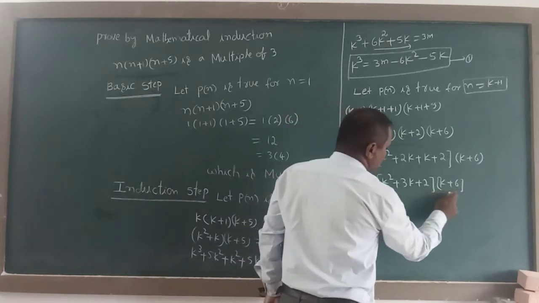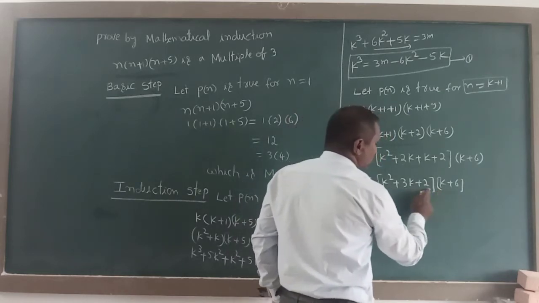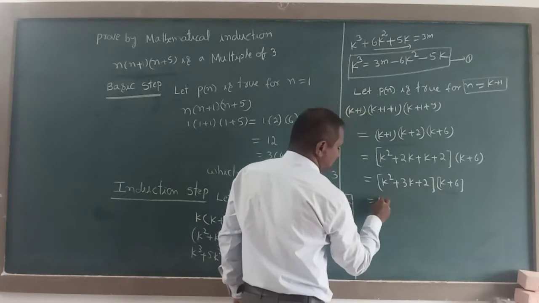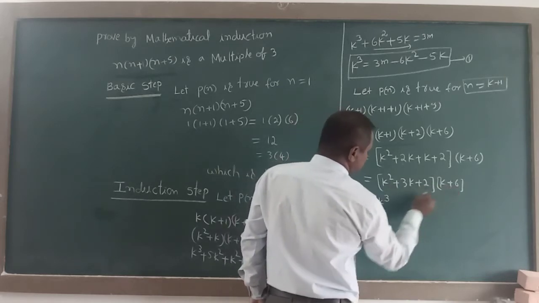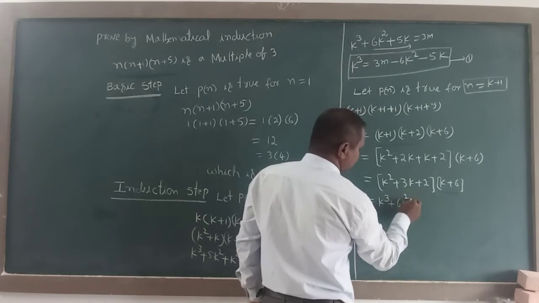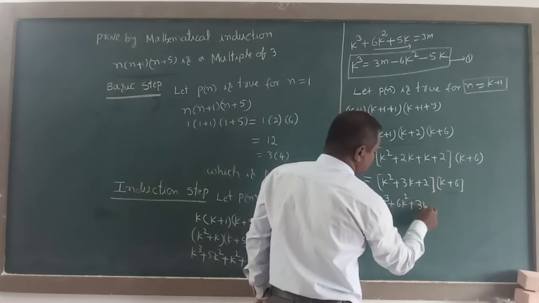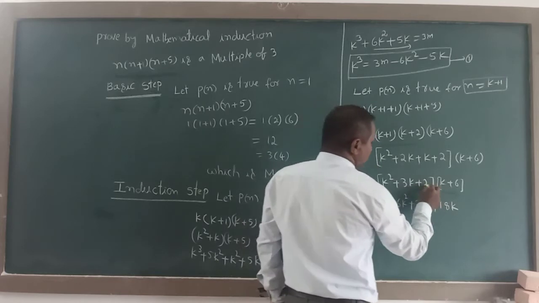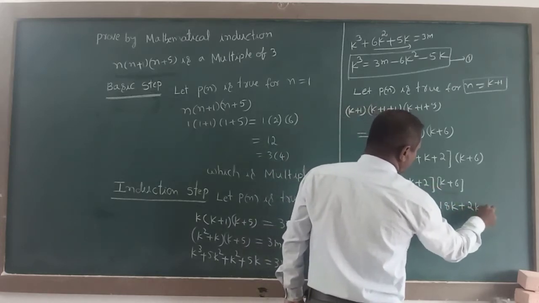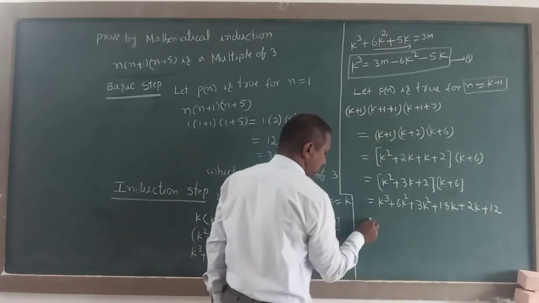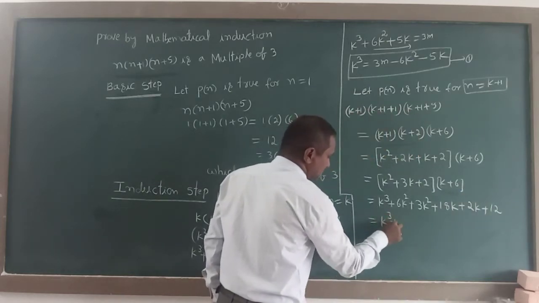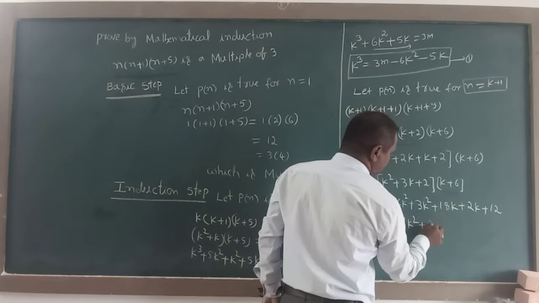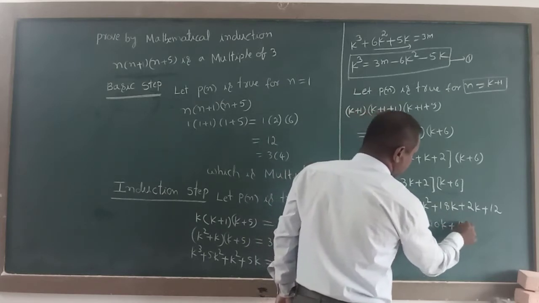Multiply k square with these two, 3k with these two, and 2 with these two: k cube, plus 6k square, plus 3k square, 18k, plus 2k, 12. That is k cube plus 9k square plus 20k plus 12.